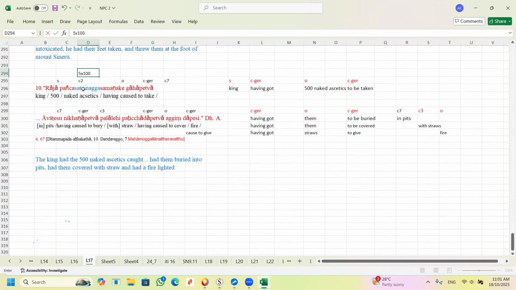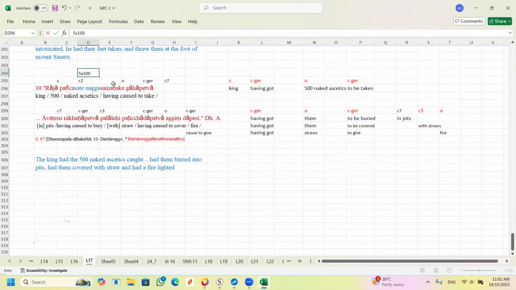Can you see the double accusative? When you see a double accusative, one has to be an adjective. So the number is an adjective here, because this is nagga, which is naked. Then this is samanake, from samana, which in this case is ascetic. 500 naked ascetics. So this is one line.